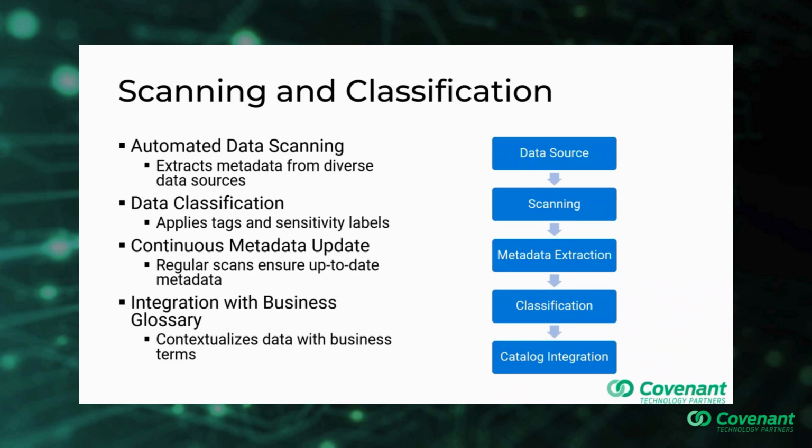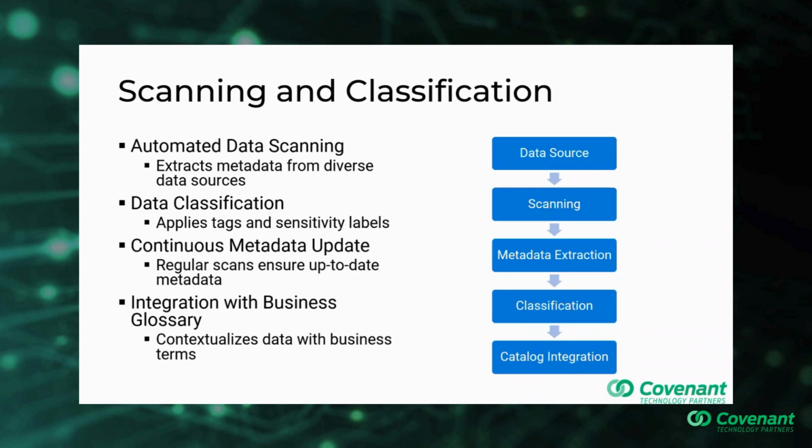And it extracts the metadata from those systems and begins to catalog it. And this is an important point: the actual data from these systems is not being moved into Purview. It's just the metadata around it, the descriptive data, the structural data, that is being captured as part of this process.